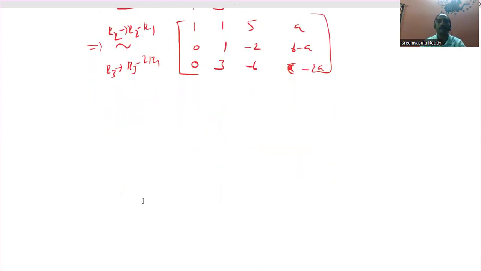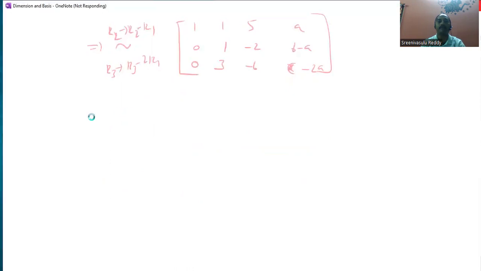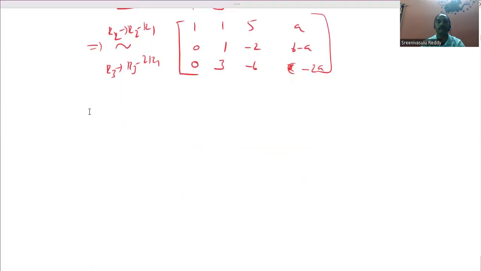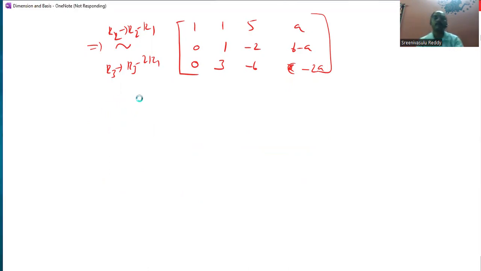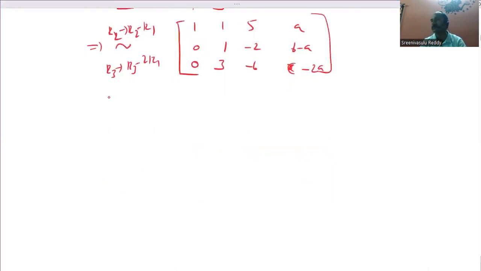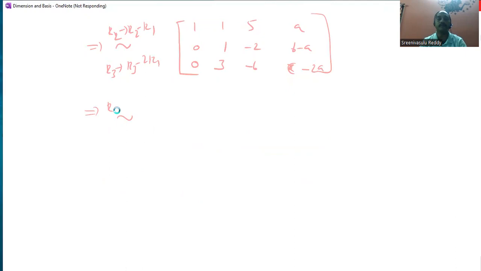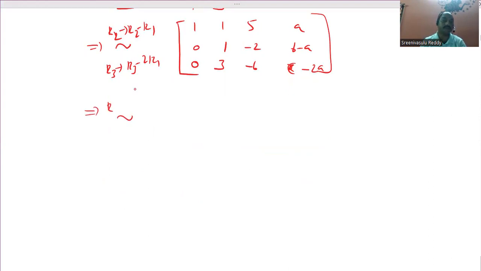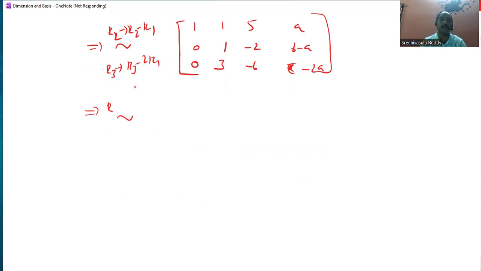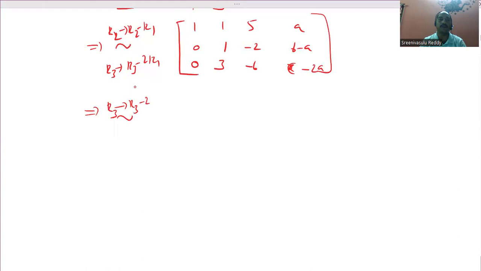That implies, apply the row operation: R3 goes to R3 minus 3R2.